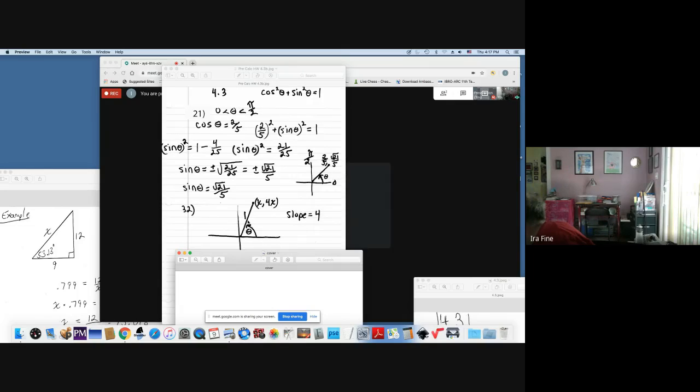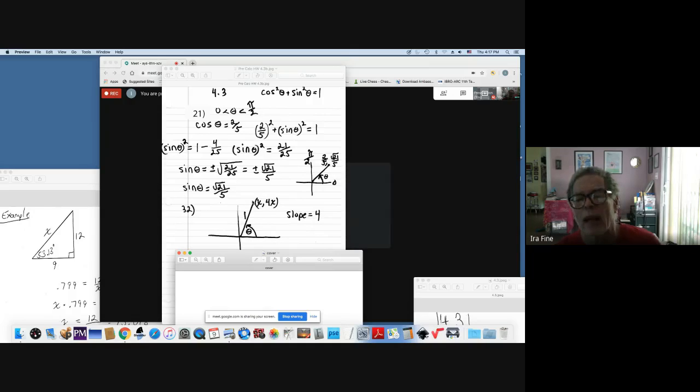So it says, let this be an acute angle between the positive horizontal axis and the line with the slope 4, right? Okay, so it's saying evaluate the sine and cosine of the angle. So, here's the positive x-axis, and here's a line with a slope of 4, right?